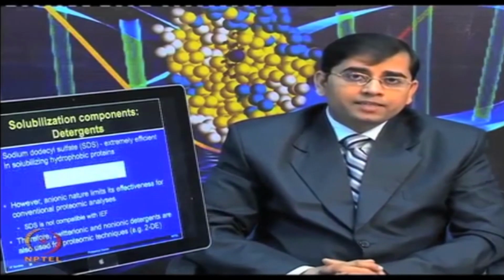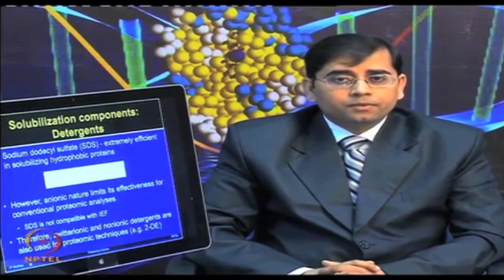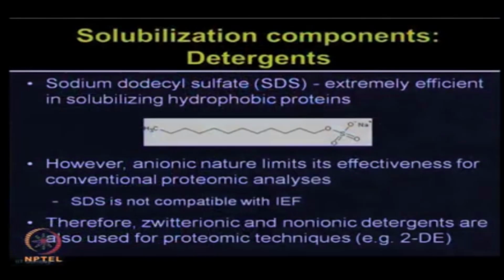Different types of detergents are also used in solubilization, such as SDS or sodium dodecyl sulfate, which is very efficient in solubilizing hydrophobic proteins. If you want to solubilize hydrophobic proteins, SDS can be used very effectively, but its anionic nature limits its effectiveness for conventional proteomic analysis.